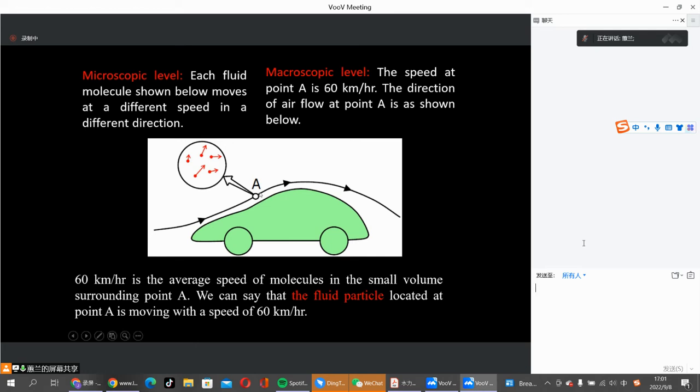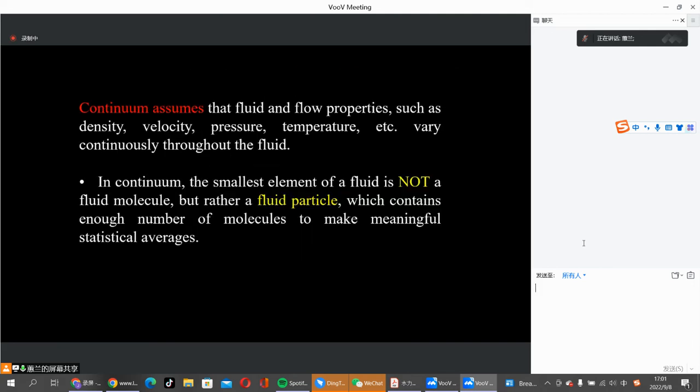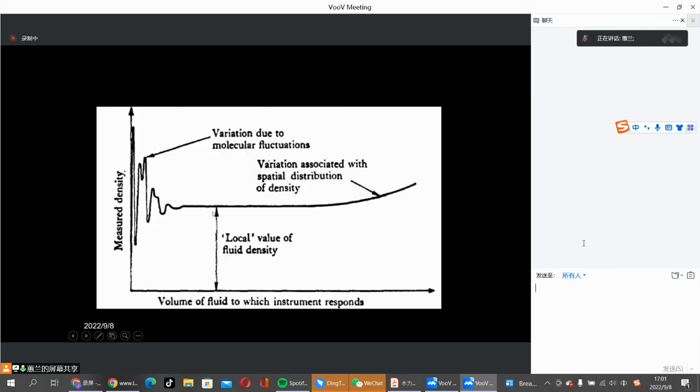For point A, we have thousands of molecules, but the velocity, pressure, and density at point A are actually statistical average values of these molecules.